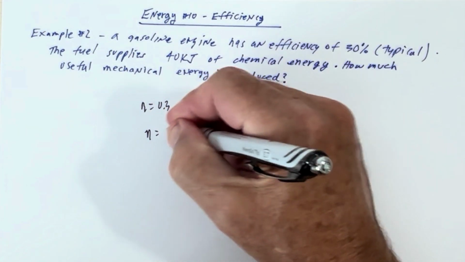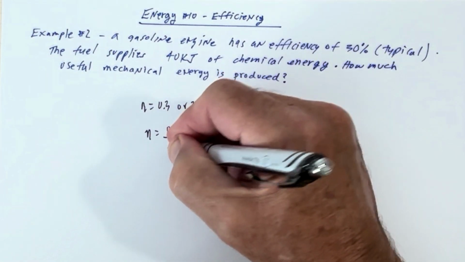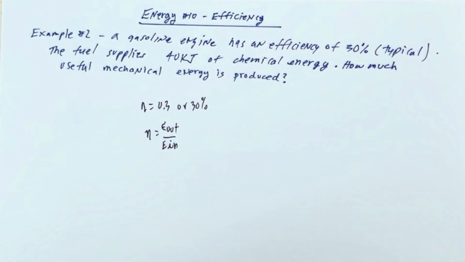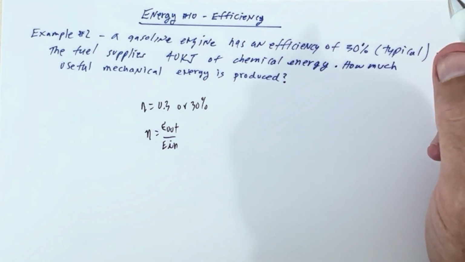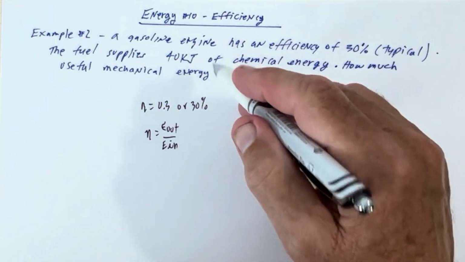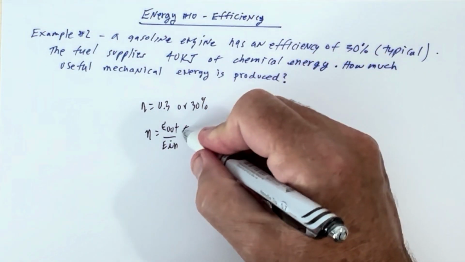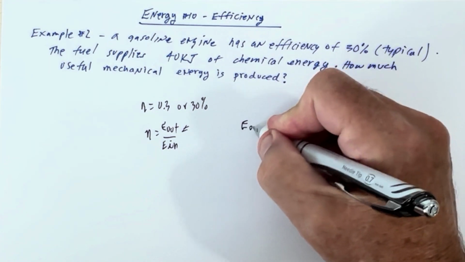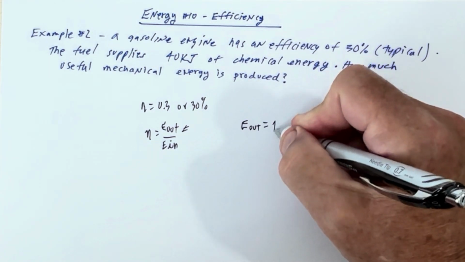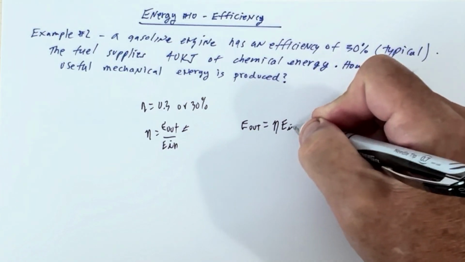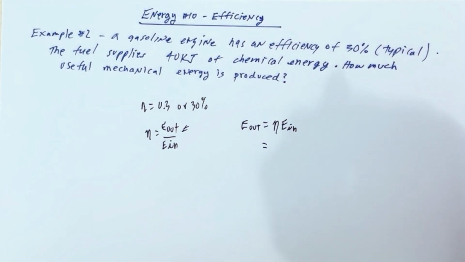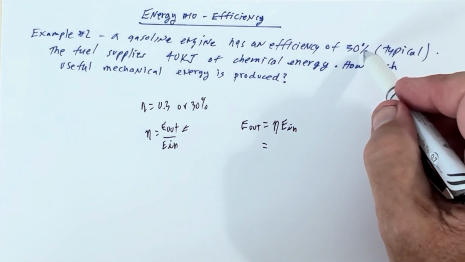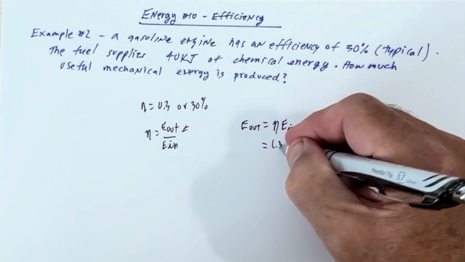Now the efficiency is equal to energy out divided by energy in. We want to know how much mechanical energy is produced, so we want to know the output energy. Let's move that to the other side. So the energy out is equal to eta times the energy in. Now the energy in, we know, is 400 kilojoules, and the efficiency is 30%, so it's 0.3.